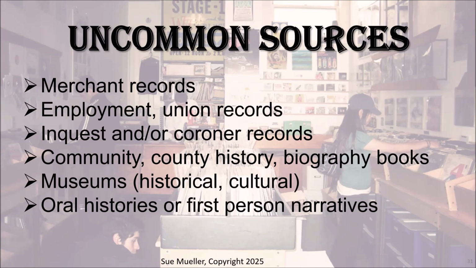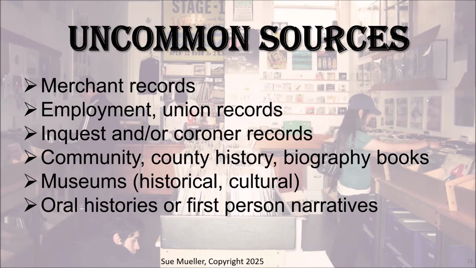It doesn't have to be that there was a murder or anything like that. So there may be records. And the only place that I know where they have those coroner records grouped together to search by state is a site called The Ancestor Hunt, which I have a link to on your handout.